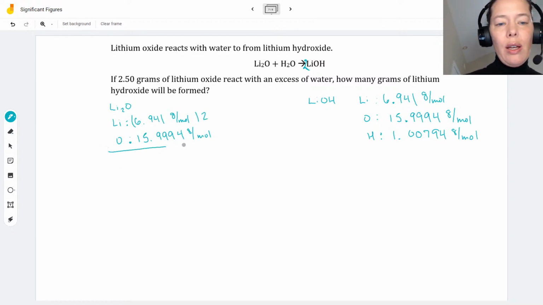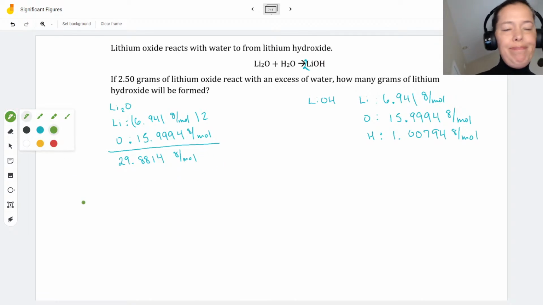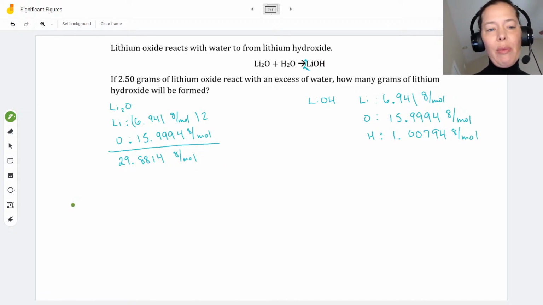So if I just put this in my calculator, I'm going to get 29.8814. And now to do sig figs here. Again, addition, subtraction, I'm looking at decimal places only.